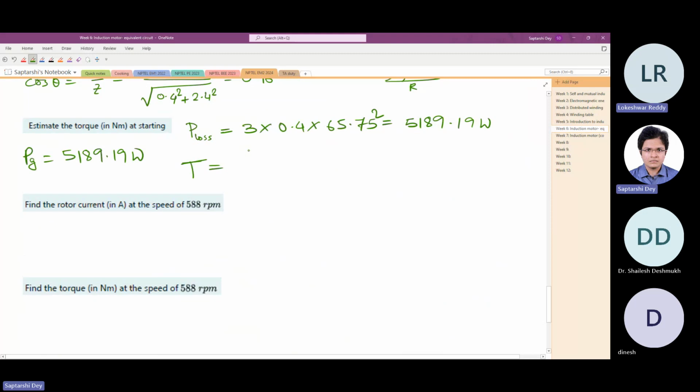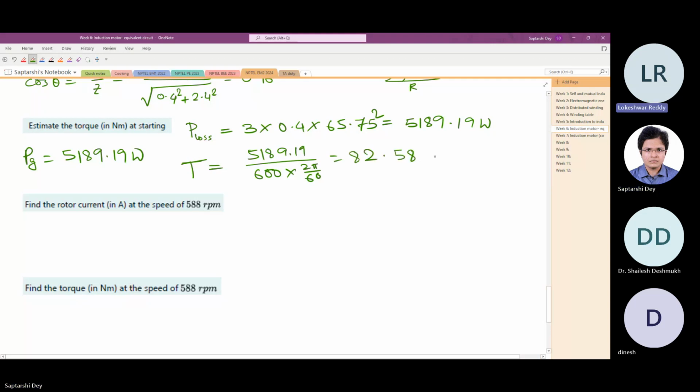PG by 2 pi, so this will be 2 pi by 60. How much is it coming? I think I'm missing something here. Some 82.